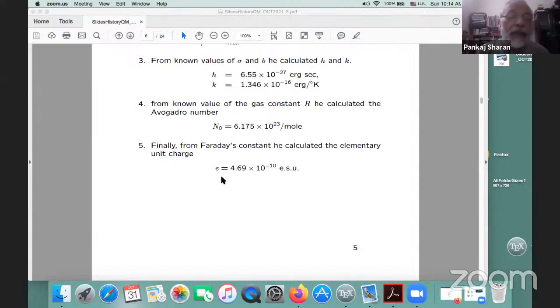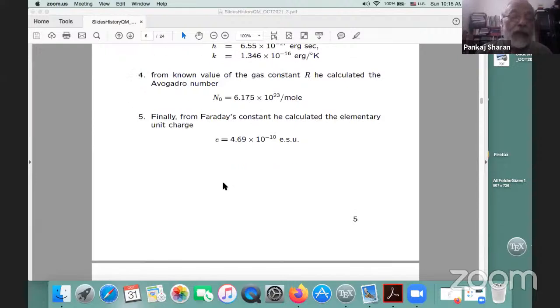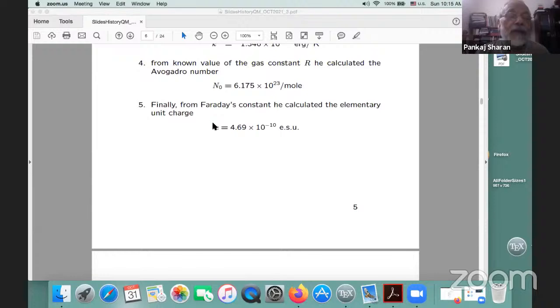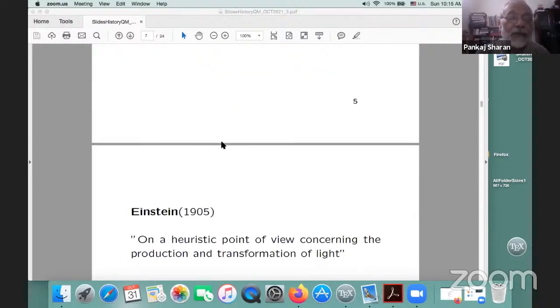This is important because this was one of the first theoretical predictions of the charge of the electron, coming from the Avogadro number, which was coming from Planck's formula. So this gave a confirmation. In fact, people believed in Planck's theory also because it was giving the right value for the charge.